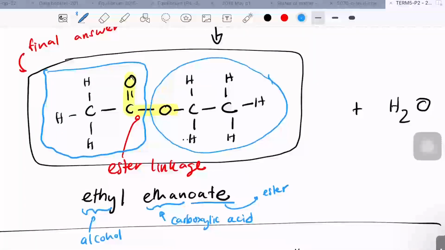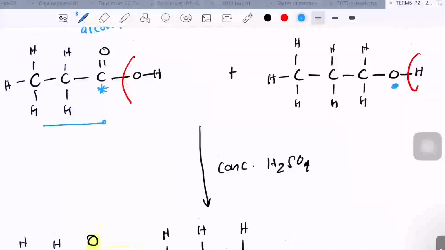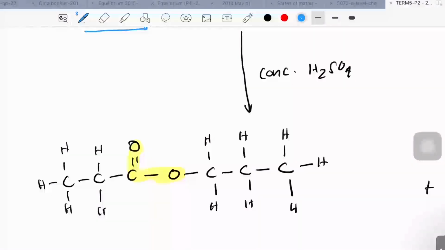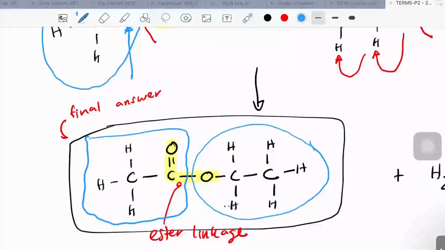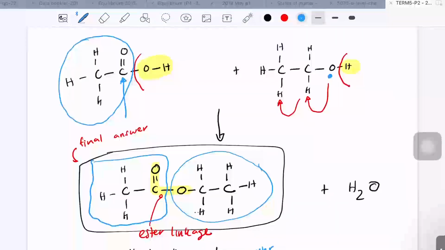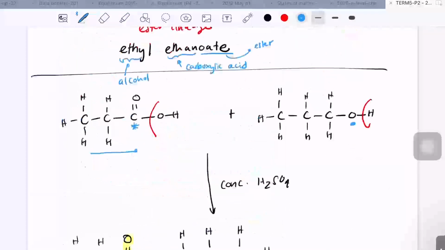Now this is ethyl ethanoate. This one is fine.